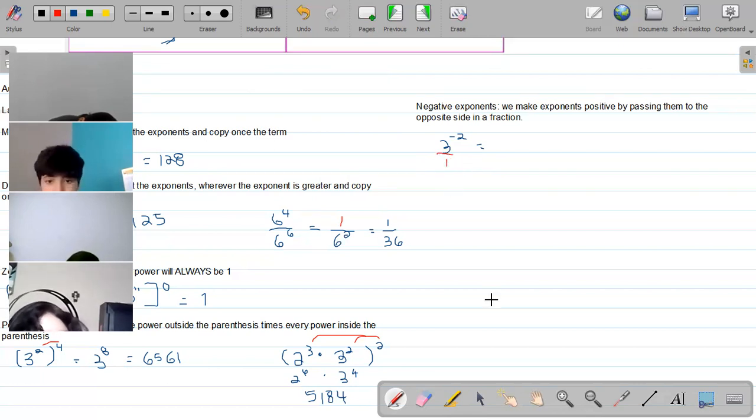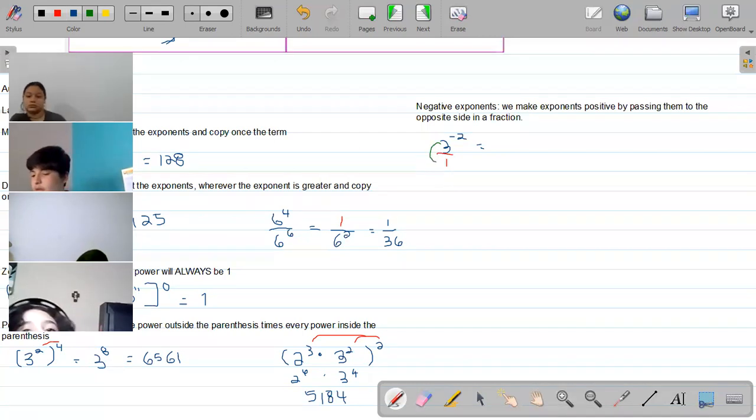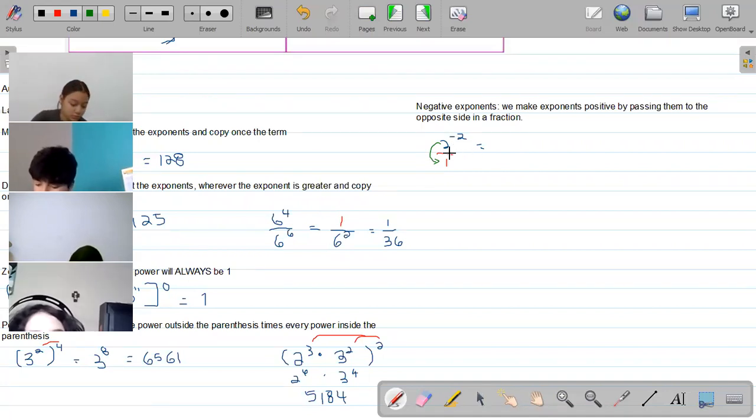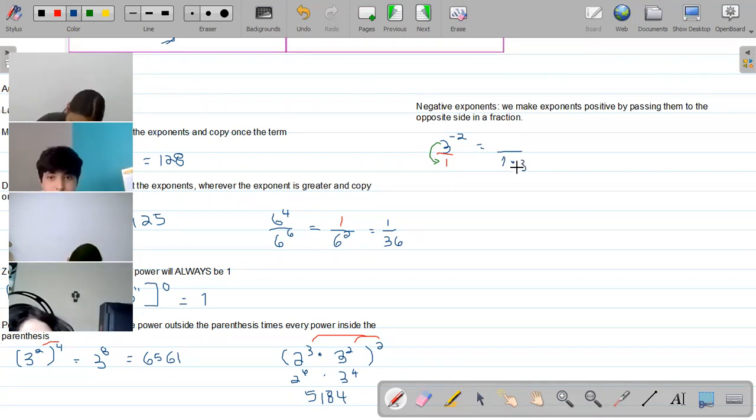This is a fraction already, and I'm going to pass this 3 to the opposite side. It was up in the numerator, I'm moving it down to the denominator. So I'm going to have in the denominator the one that I have already there, times the 3, and I copy the exponent positive.